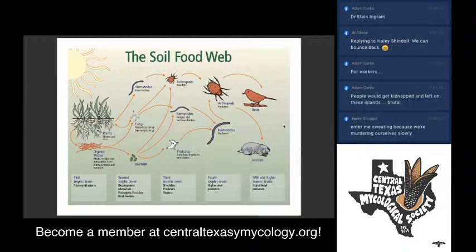Thank you, Adam. And all that organic matter turns into waste residue that feeds bacteria and fungi, and these bacteria and fungi are the second layer of this soil food web, outside the plants and the dead organic matter that comes from not only the plant itself but from dead fungus, bits of fungus that fall off, and bacteria.